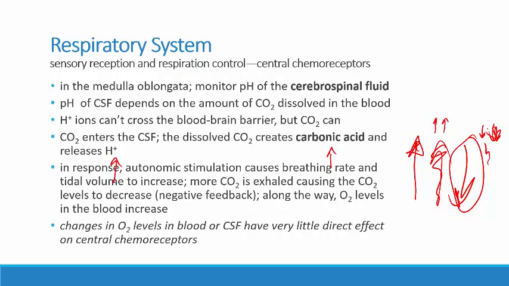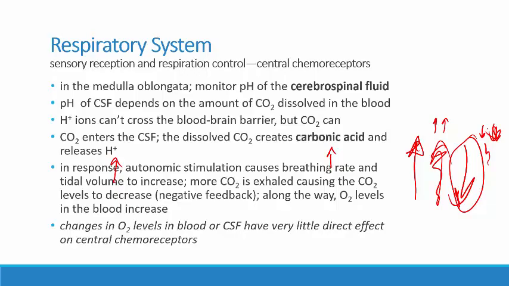So that's why if you go for a run, at the end of your run, or even in the middle of your run, you'll be breathing more rapidly and more heavily, because you're introducing higher levels of carbon dioxide into your blood, which will result in higher levels of carbon dioxide going into the CSF, which will stimulate those central chemoreceptors in the medulla to trigger more rapid and greater depth of breathing.